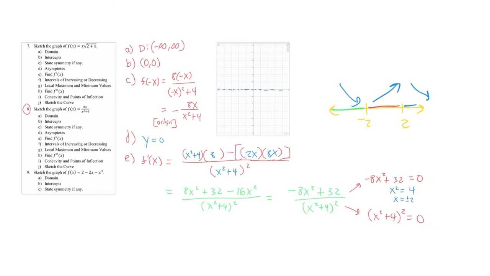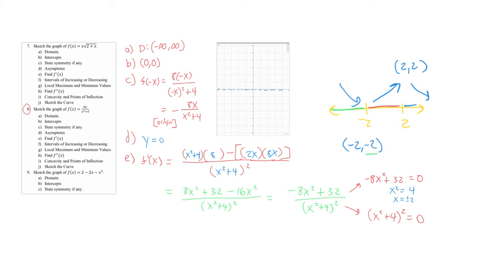Negative 2. So it is the case that the point negative 2 comma negative 2 exists on this graph. And if you were to plug in positive 2 into the original function, you would also see that that would be positive 2, positive 2. That exists on the graph as well.